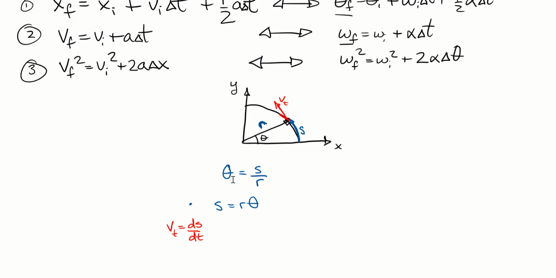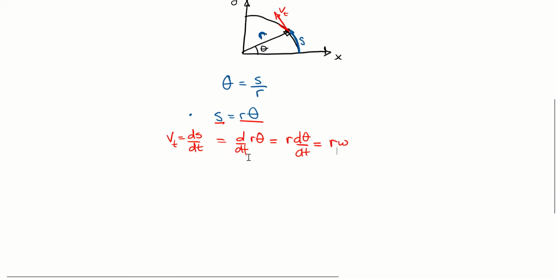So it's the time derivative of this distance along the arc length. Since we know what that is in terms of our angular coordinate system, we can substitute that in and we get the derivative of r times theta. But since we're moving along that circular path, r is constant, so this just ends up being r d theta dt, or r omega.